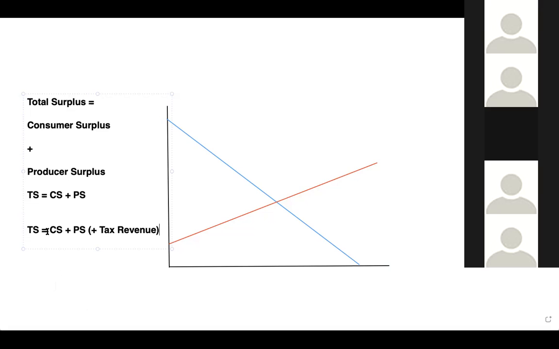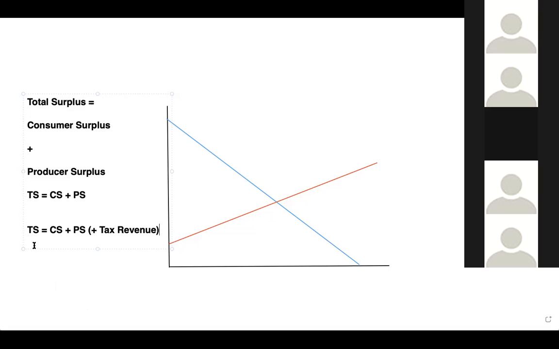The reason is that total surplus equals consumer surplus plus producer surplus. To me, that's pretty easy to remember because there's a lot of symmetry to it, right? TS is equal to CS plus PS. I can remember that very easily.